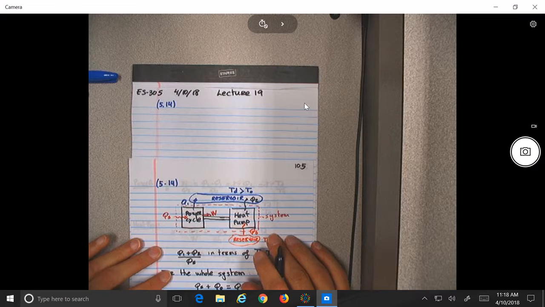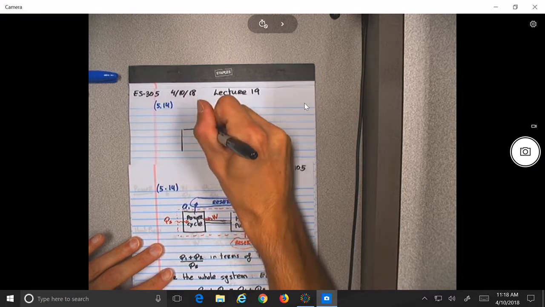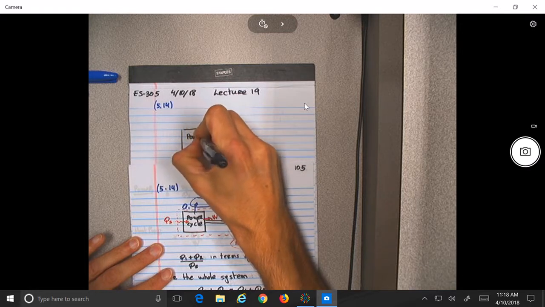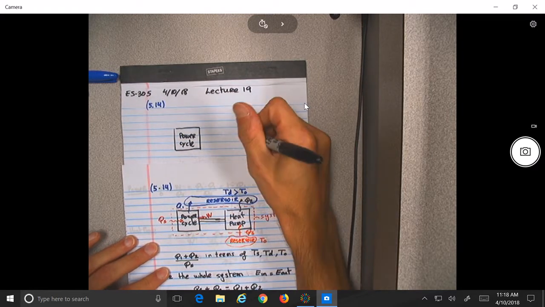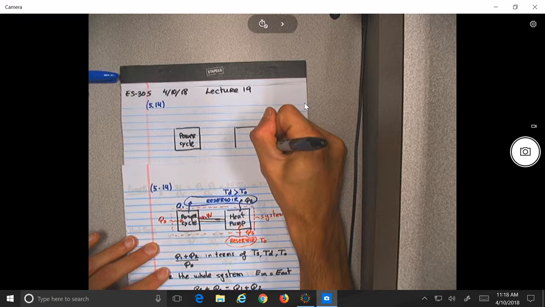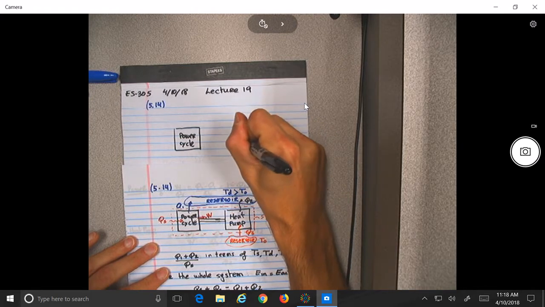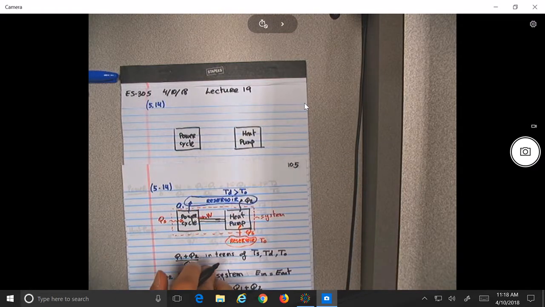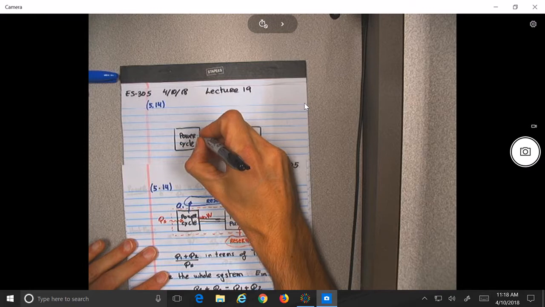So this was a problem we're doing. There is a power cycle which is connected to a heat pump cycle. So what is the role of the power cycle?